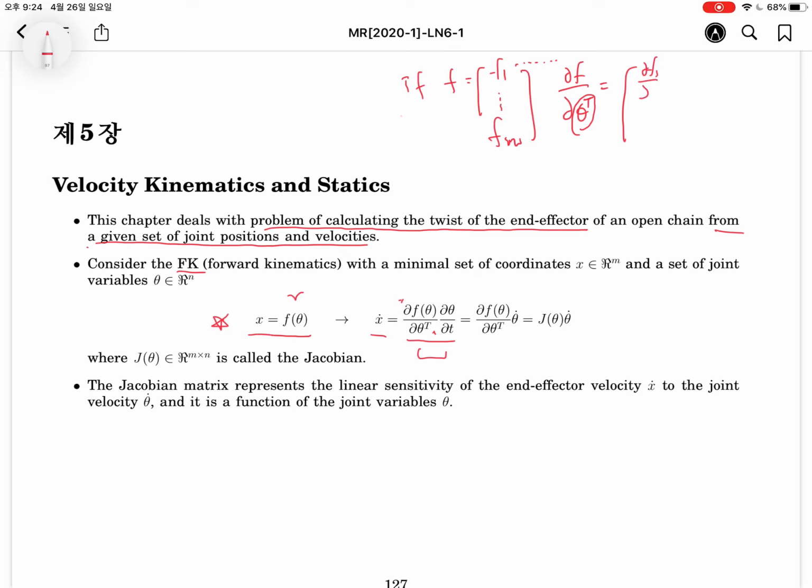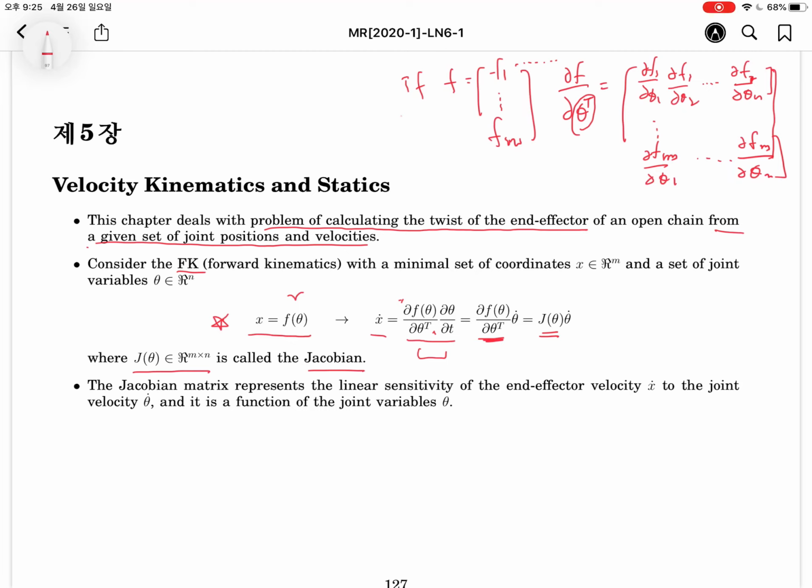So the first element will be the partial of f1 with respect to zeta 1, and then we arrive at the partial of f1 with respect to zeta n. The final element will be the partial of fm with respect to zeta 1 through the partial of fm with respect to zeta n. So we get an m by n matrix. This matrix is denoted by J, and it is called the Jacobian.